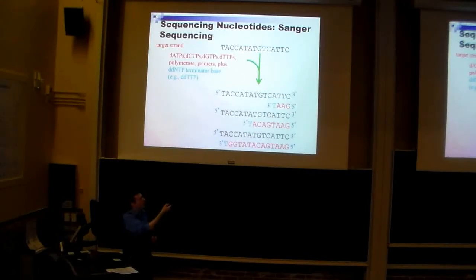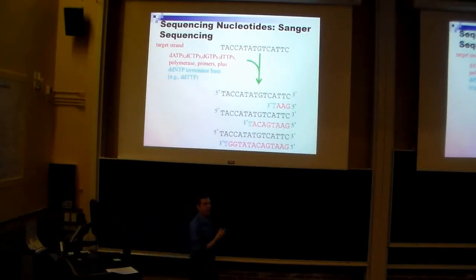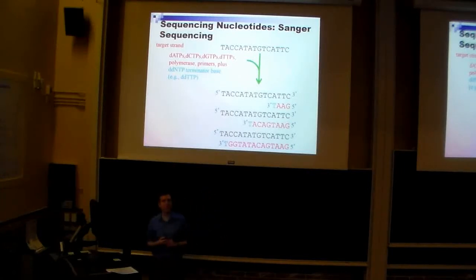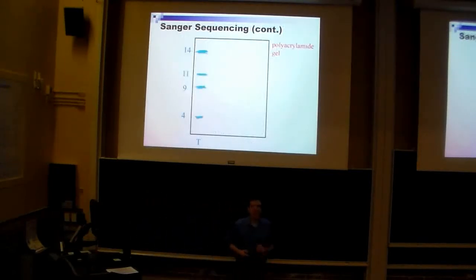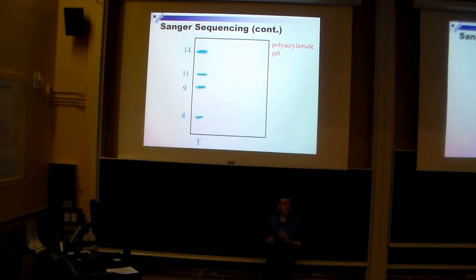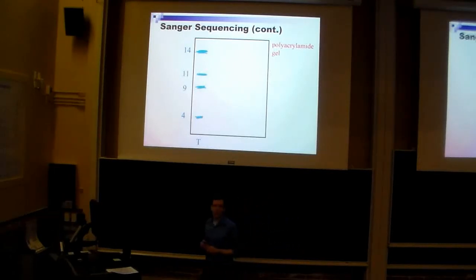So strands complementary, but stopping at each of the possible A's. You can do this for up to about 100 nucleotides, maybe up to 1,000 or so, before this starts breaking down. But basically what you get out of this is strands whose lengths correspond to the positions of the A's in the original sequence. And we can use this by taking a technology for measuring lengths of pieces of DNA to create a technology for sequencing.